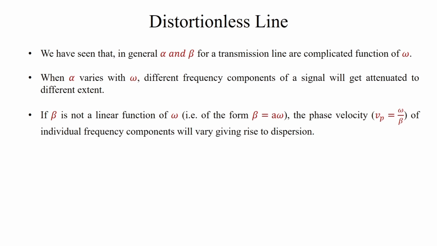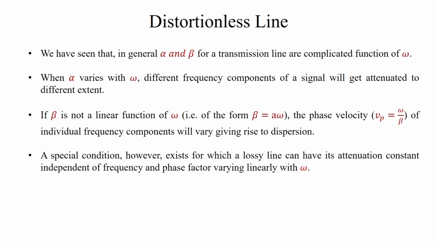So, we find that if alpha is varying with omega and beta is not a linear function of omega, in that case both the attenuation and the phase velocity for different frequency components will be different.